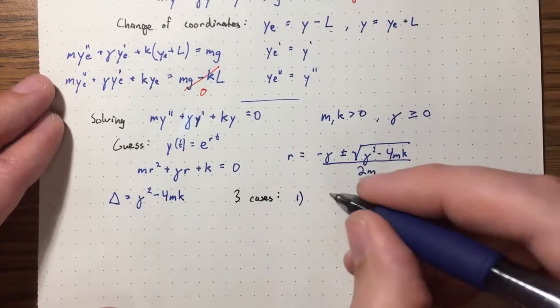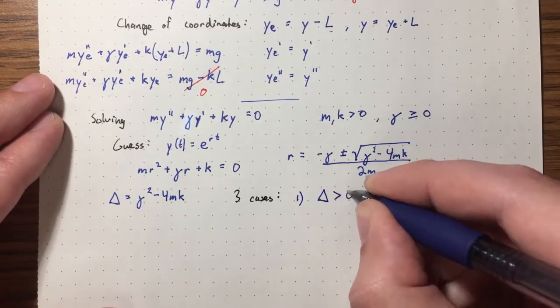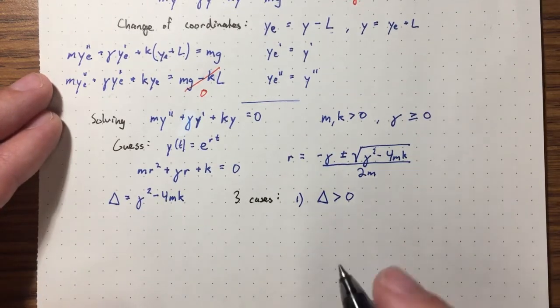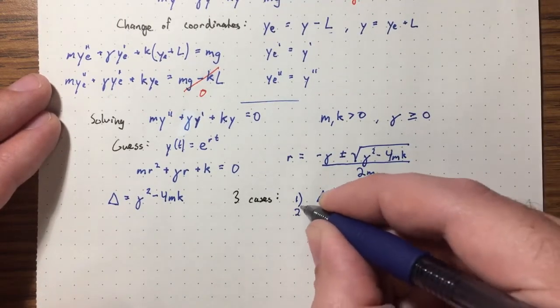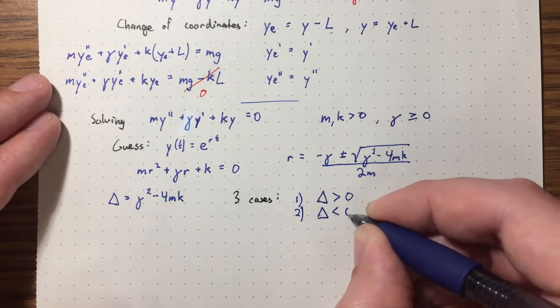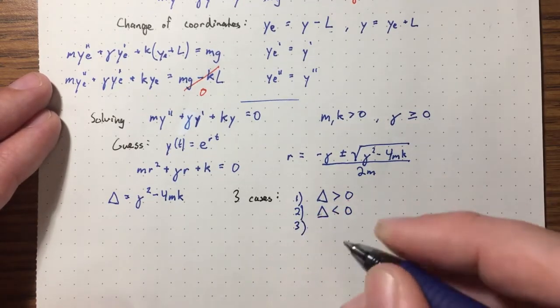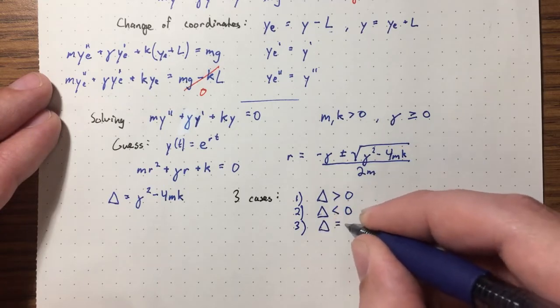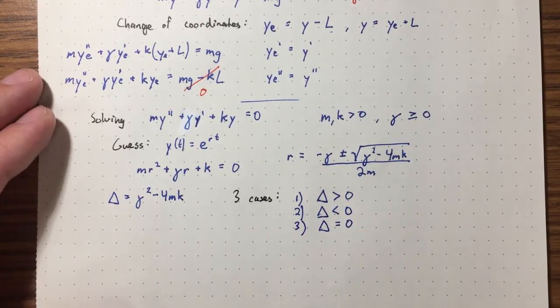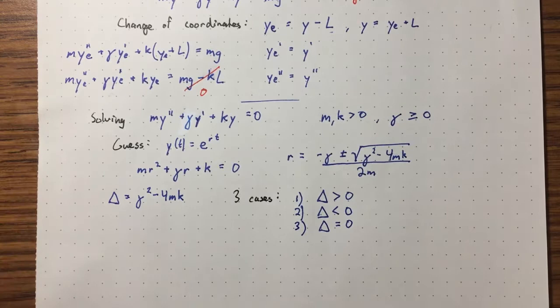Case 1, the discriminant could be positive, in which case we have two real roots. The discriminant could be negative, in which case we have two complex roots. Or the discriminant could be 0, in which case we have one repeated real root. Okay, so let's look at those cases one by one.